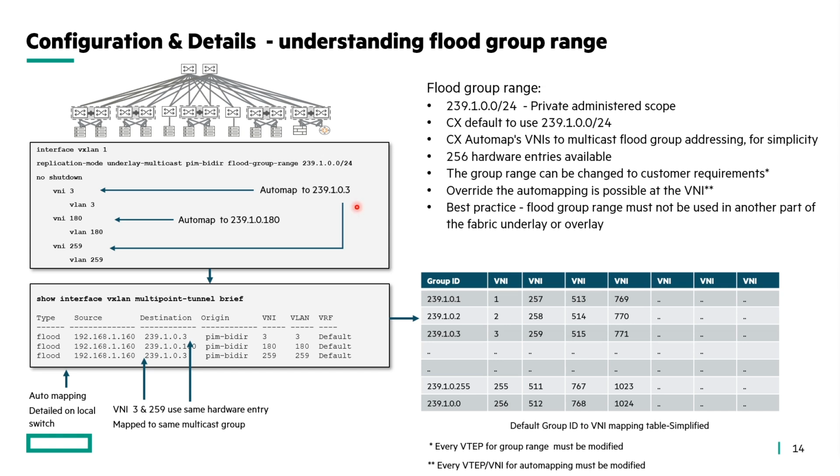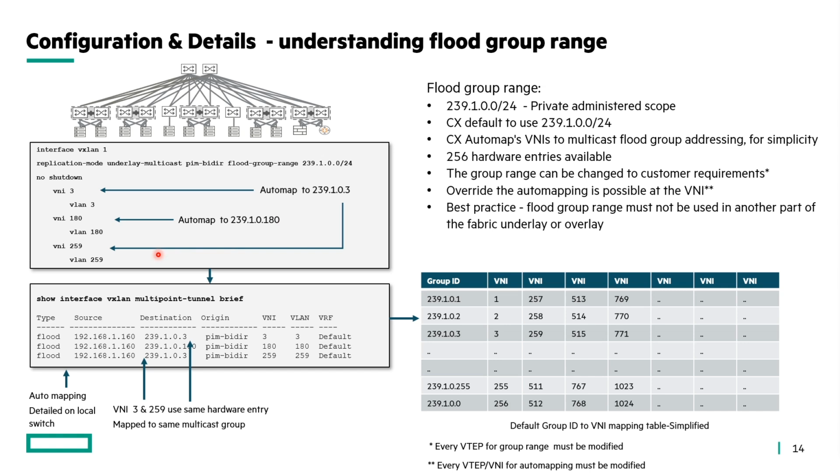Now let's look at the configuration in a bit more detail. So VNI 3 is mapped to VLAN 3, and this auto maps to 239.1.0.3 in CX for auto mapping. Then let's look at VNI 180, which has been mapped to VLAN 180, and this auto maps to 239.1.0.180. And if you recall, I said we had 256 entries available.